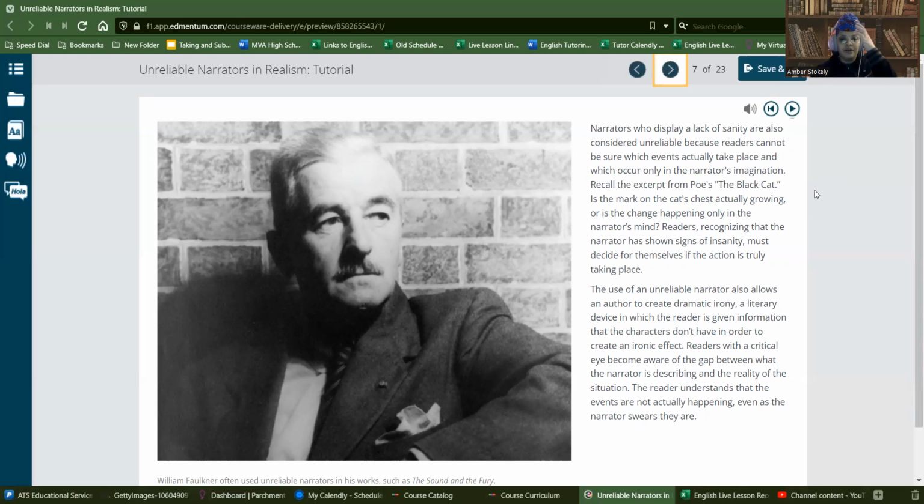Sometimes it's to point out how ridiculous something is. So, for example, the young girl in To Kill a Mockingbird who's telling the story. The point of telling the story from that point of view is to add a little bit to the idea that racism doesn't make sense. It's not something that's naturally occurring. Children don't understand it.